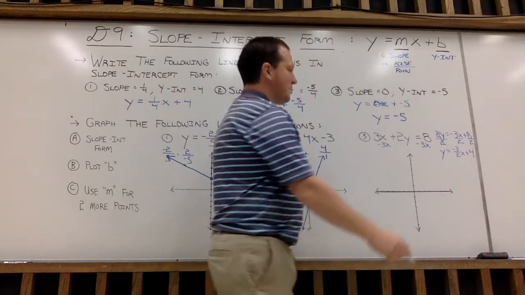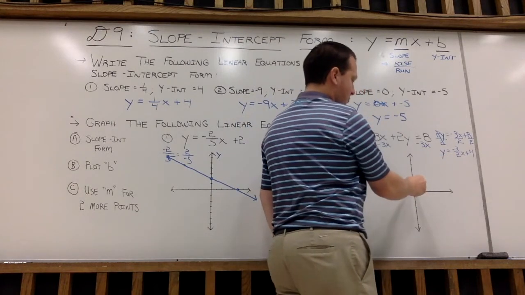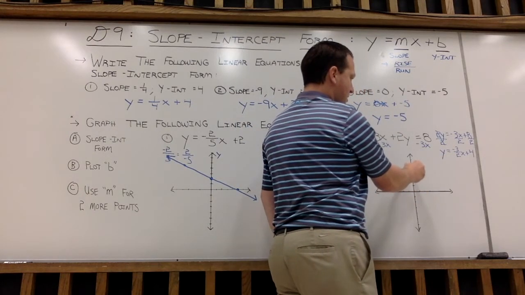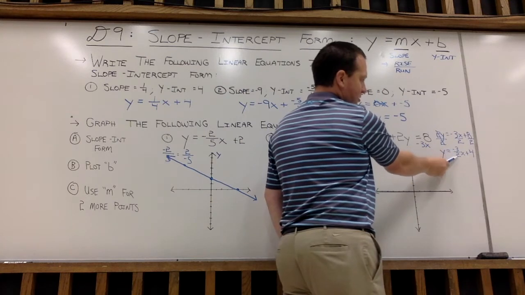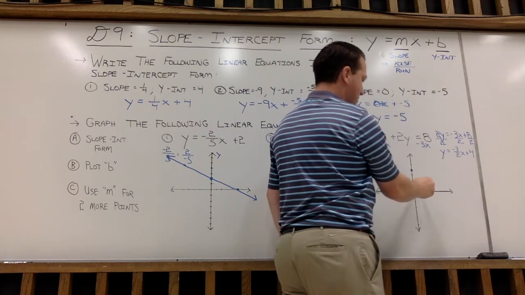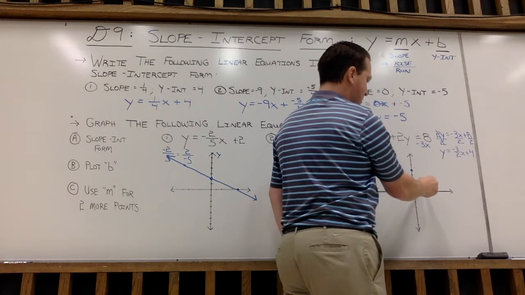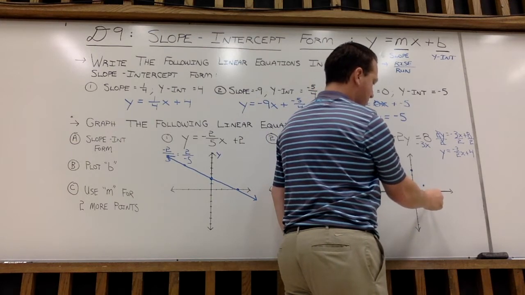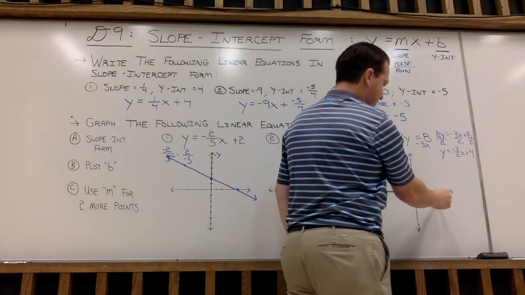So the y-intercept here, b, is positive 4: up 1, up 2, up 3, up 4. Then I'm going to go down 3, 2 to the right with my rise over run. Down 1, down 2, down 3, 1, 2 to the right.